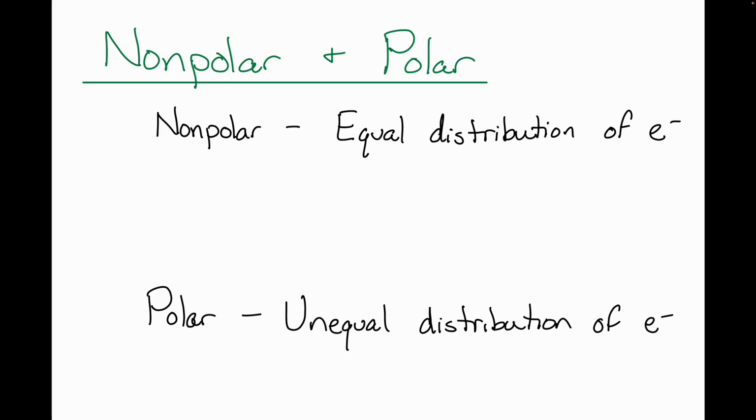Okay, so then how can we tell if a molecule is polar or nonpolar? Well, this is going to relate back to another vocab word we introduced before, electronegativity. A molecule will be nonpolar if it contains bonds between atoms of similar electronegativity.